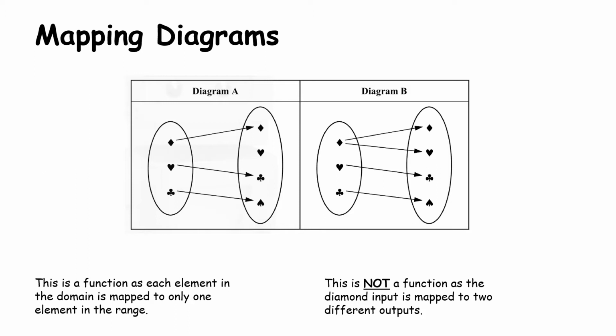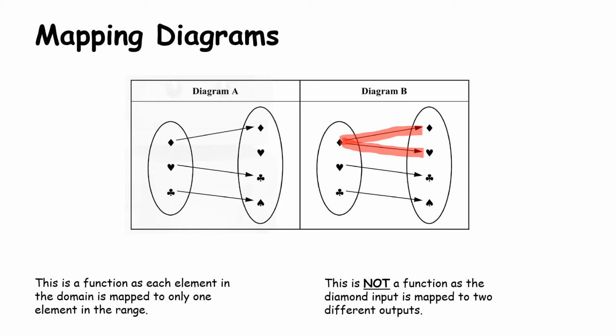The second diagram, diagram B, is not a function, and the reason for it is this. Here we have two mappings from one input. So this is not a function as the diamond input is mapped to two different outputs. So let's take an example that might make this a bit clearer.